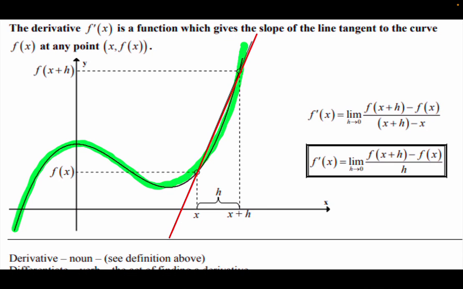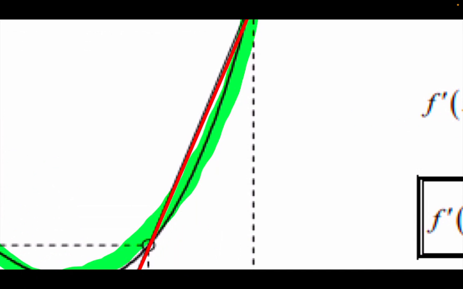This guy, the red: what is the red's relationship with the green? It's going through it. It kind of pierces it. That's a secant. So the red is a secant line.